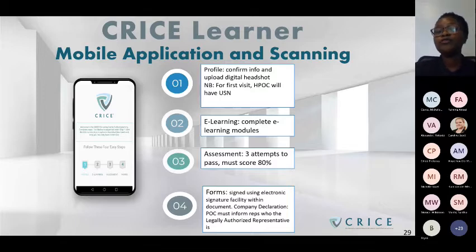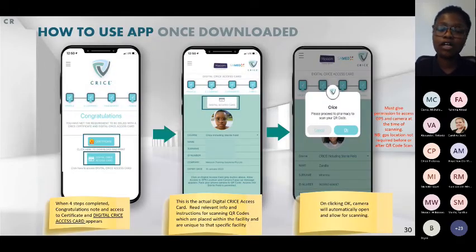These are the forms, as previously mentioned, that are going to be signed by both the CR and by you, the authorized member within the company, including the company declaration, as well as the declaration by the reps. And then once these 4 steps have been completed, the CRICE learner will be awarded with their CRICE access card.